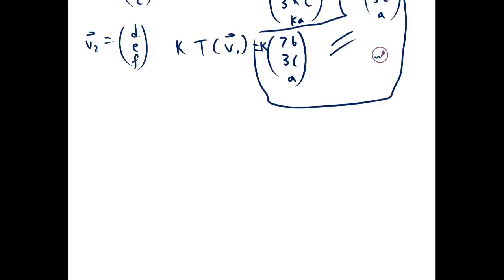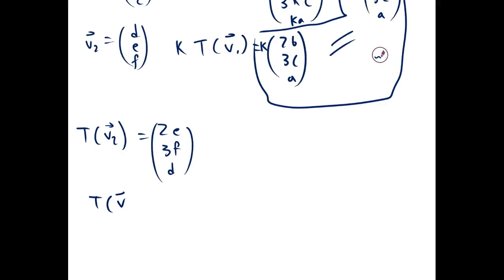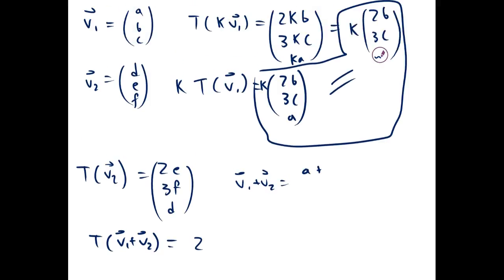so scaling by a constant works. Now if we do T of v2, we get 2e, 3f, and d. If we add v1 and v2, just using matrix addition rules, we get a plus d, b plus e, and c plus f.